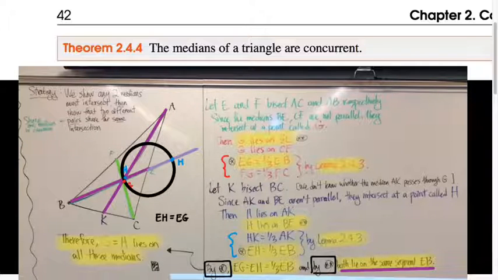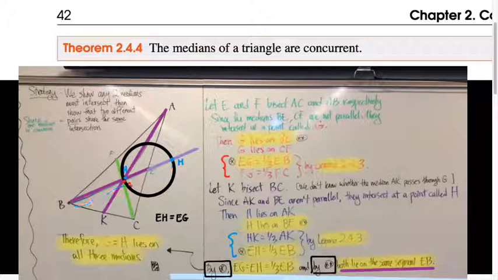So they can't be on separate radii, because in fact, if they were on separate radii, we would also see that the distance from H to B would be longer than the distance from G to B. When in fact, we know that the distance from H to B and the distance from G to B both have to be the same because both of them are 2/3 the distance from E to B. So we need H and G to not only be on the same diameter, but to be on the same intersection of the same radius, EB, with this circle.